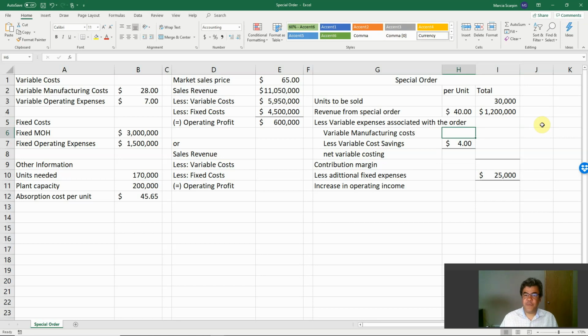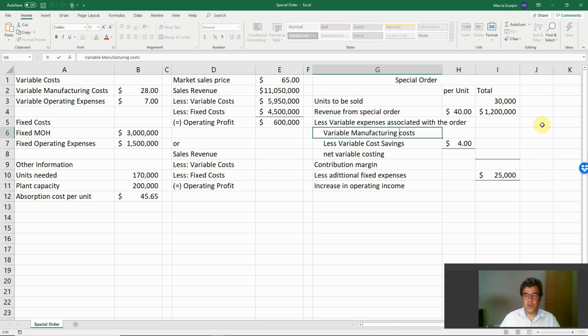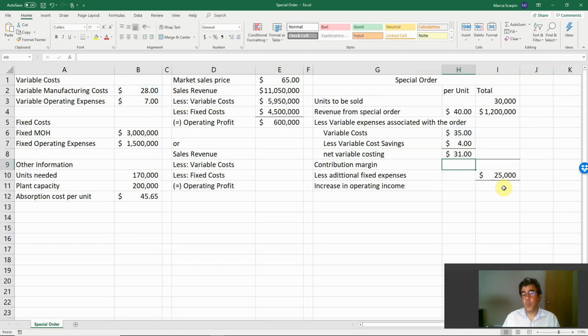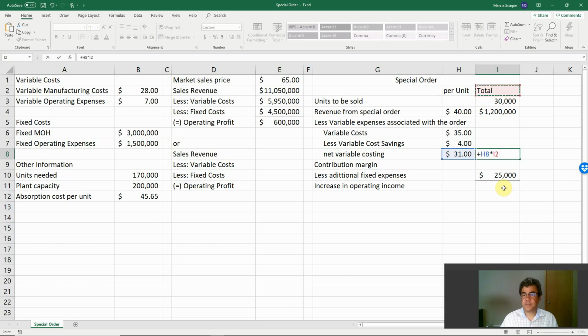Less the variable costs, because it's not only manufacturing: 28 plus 7. We will save 4, so our net variable cost is 31. Total: 31 times 30,000.